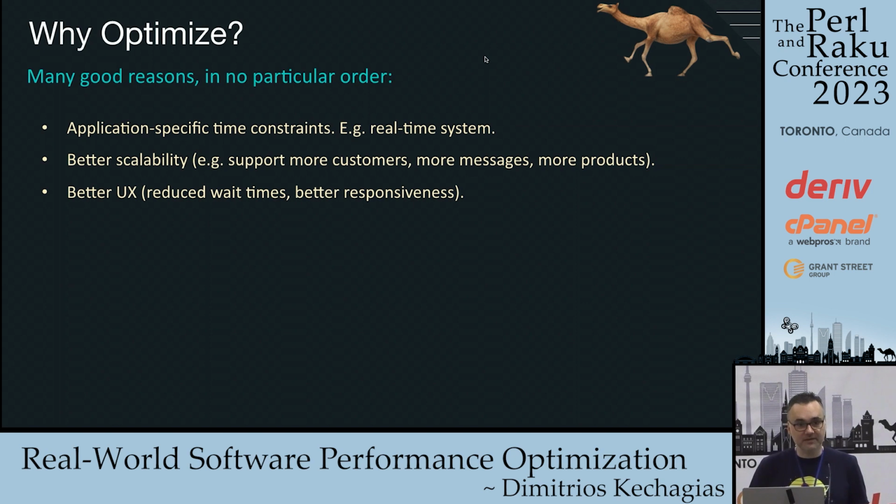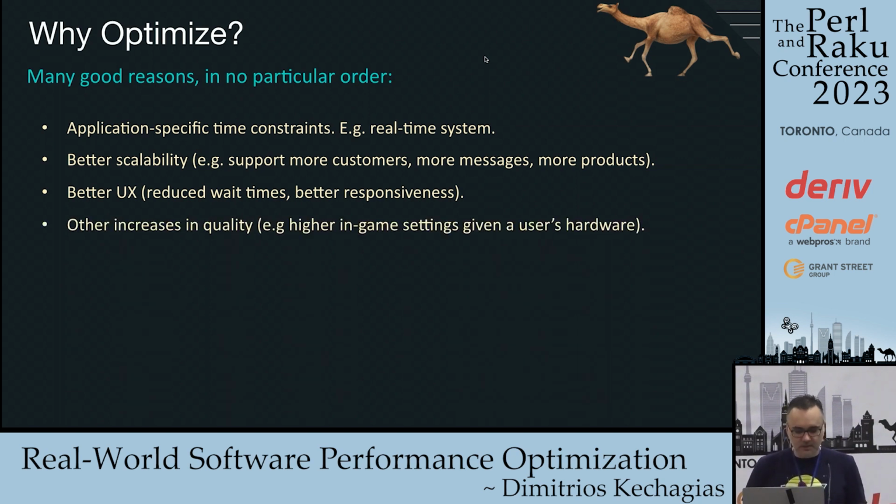You might want a better user experience, like remove some lag from your app, make it more responsive, or if it's something that's through the web, have less wait time. And you can have other increases in quality.